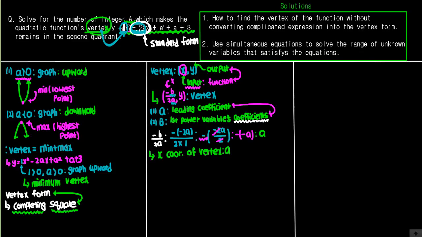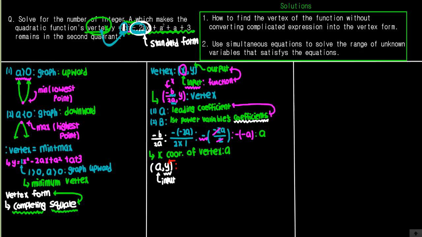So if you write our vertex down, we can write it as a comma y. And for solving for the y, we know that a is our input of our function, which means if we input our x value into every single x term, which we usually call the vertex variable, we'll be able to solve for the output of our function, which is y.